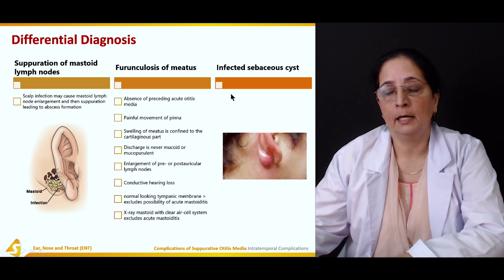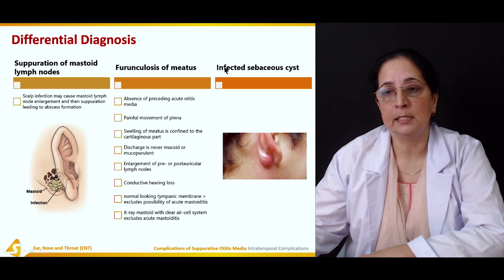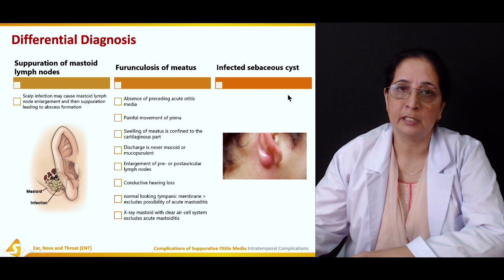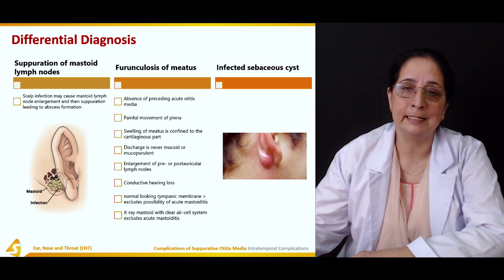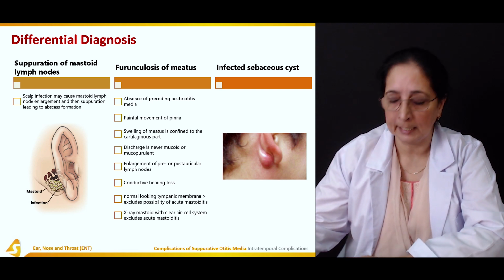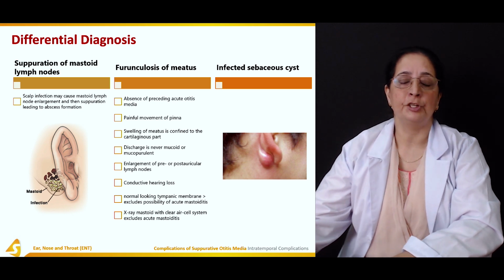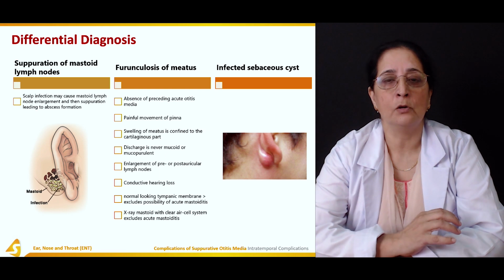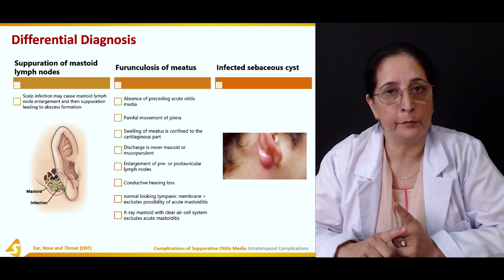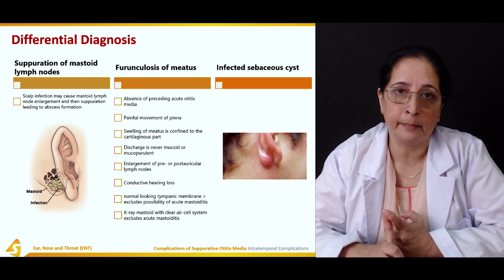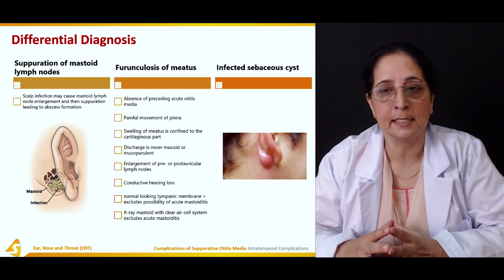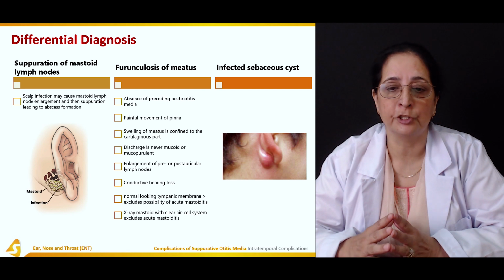Then the other differential diagnosis is infected sebaceous cyst. Infected sebaceous cyst also leads to swelling and that can be differentiated in the same area. So differential diagnosis includes suppuration of mastoid lymph nodes, furunculosis of the meatus, and infected sebaceous cyst.